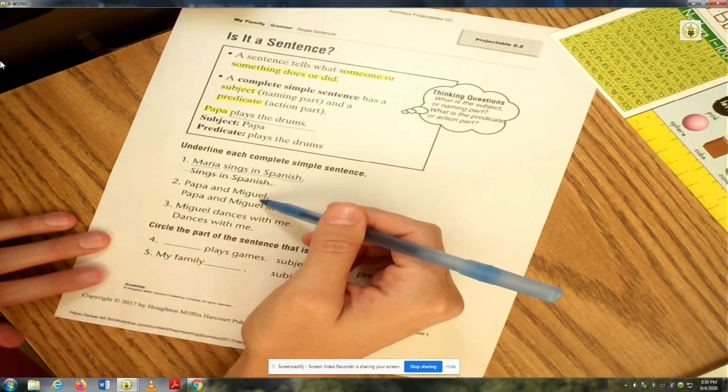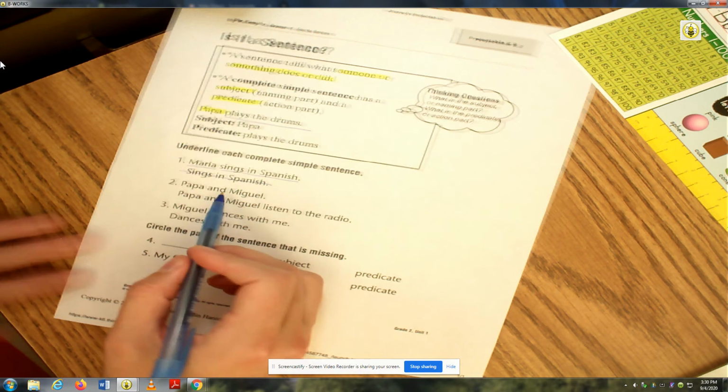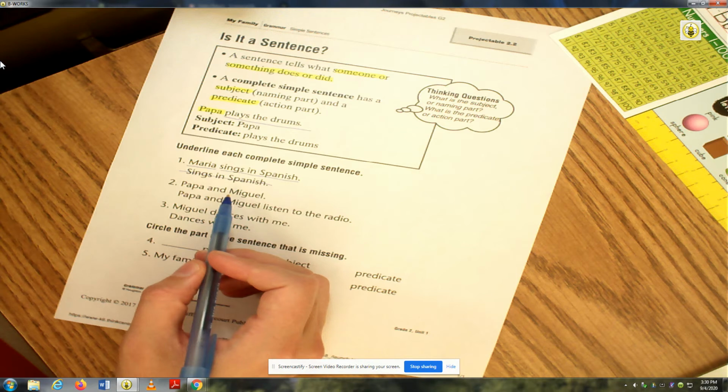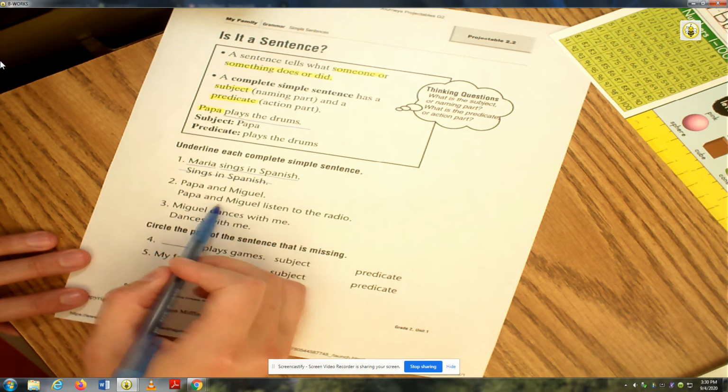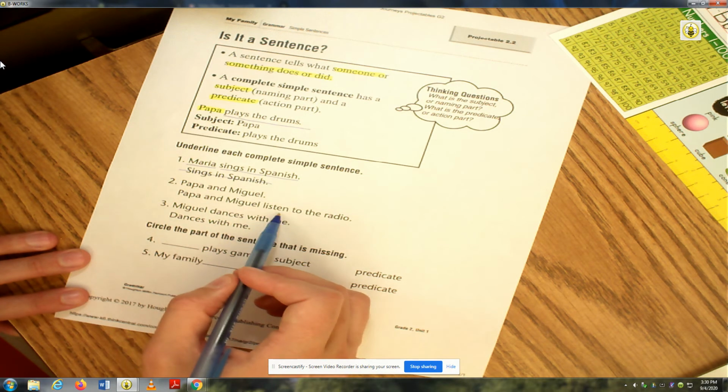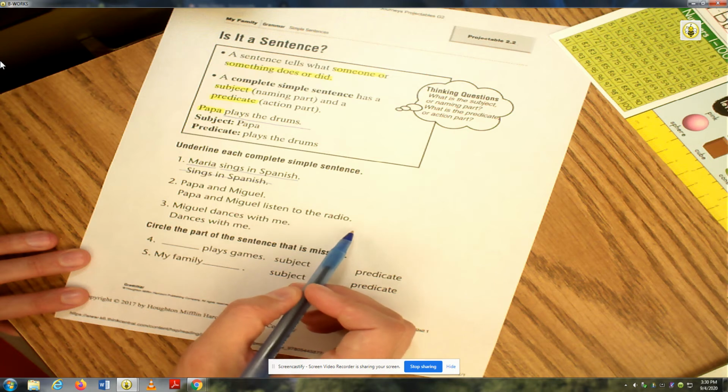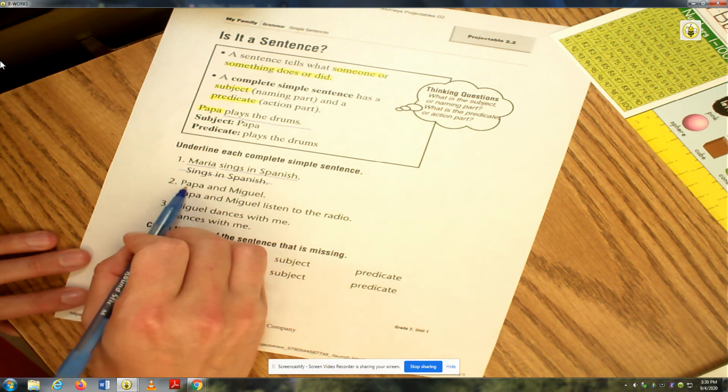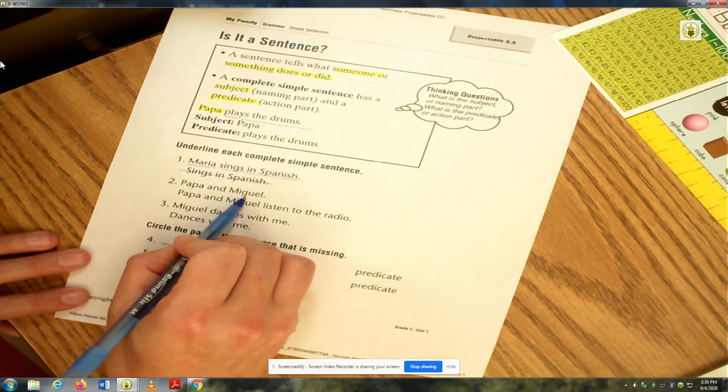Number 2, Papa and Miguel. Papa and Miguel listen to the radio. Only one of these is a complete sentence. Let's look at our first one. Papa and Miguel. That tells me who the sentence is about, but does it tell me the action?